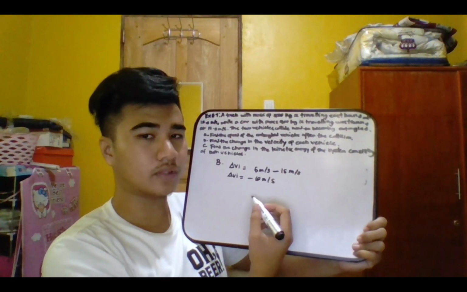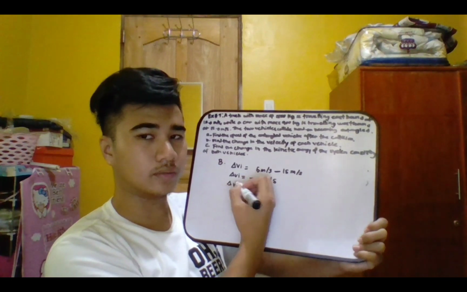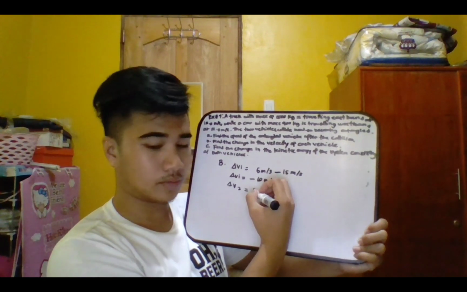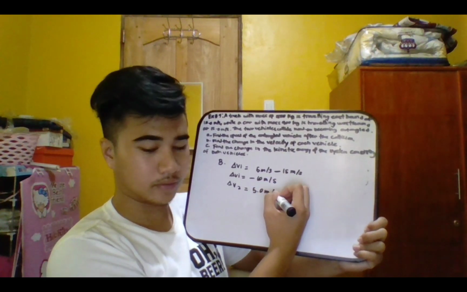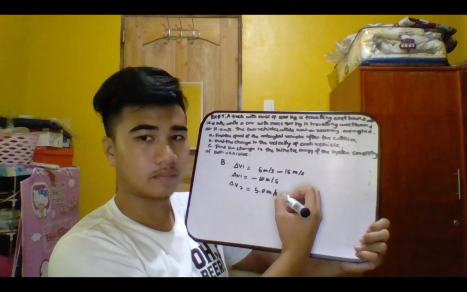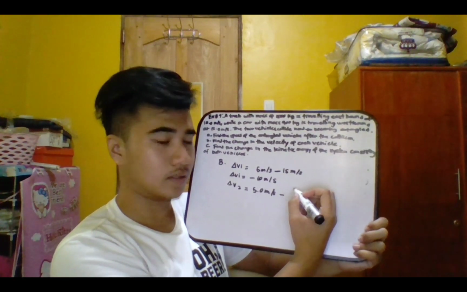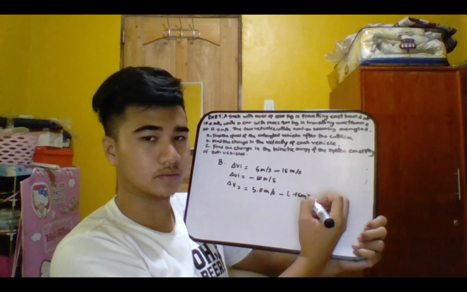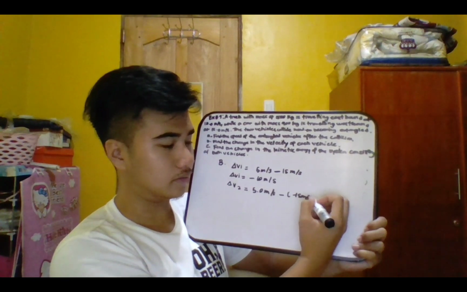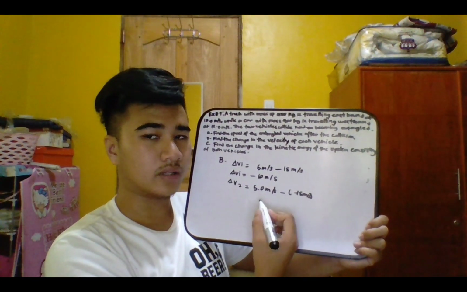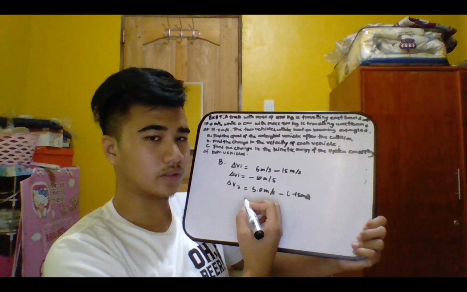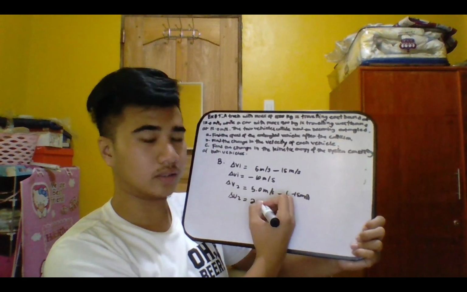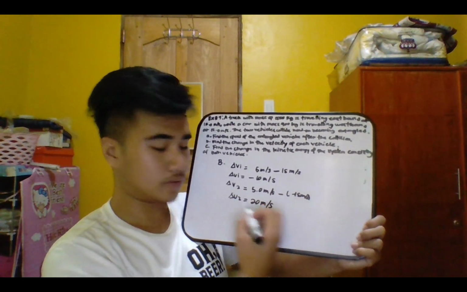For vehicle 2, the change in velocity 2 is equal to 5.0 meters per second minus the initial velocity of negative 15 meters per second. By calculating, the change in velocity of the car is equal to 20 meters per second.